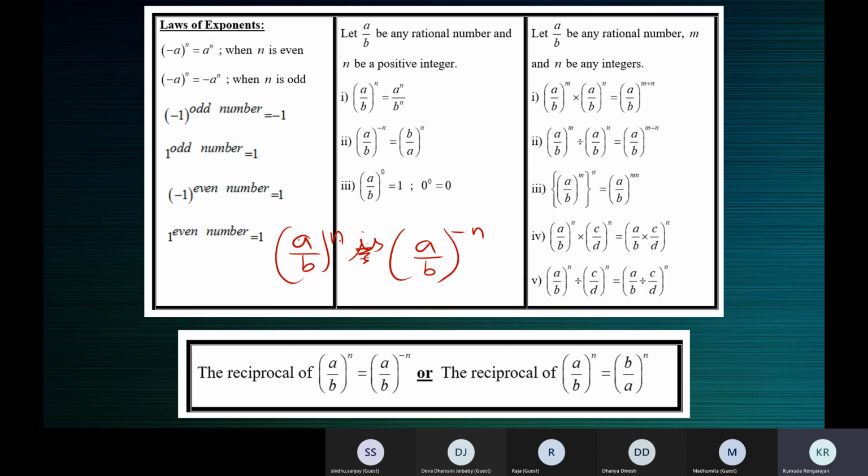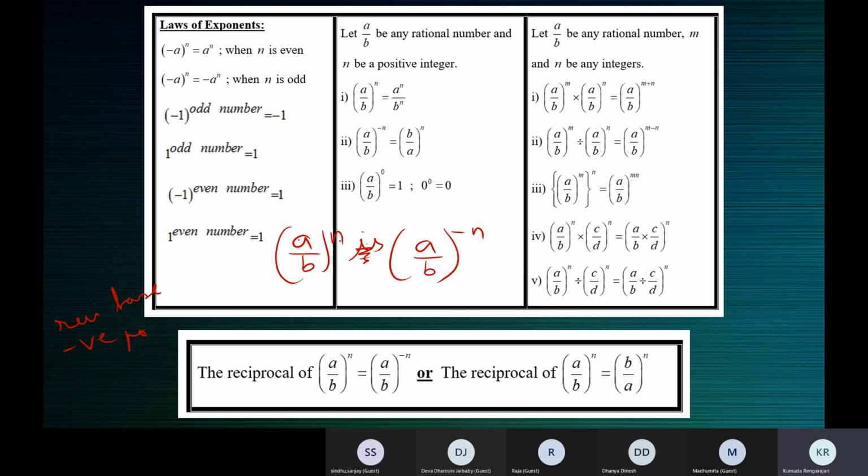Remember these two: reciprocal of the base, negative of the power. You just make a note in your book. Simply some keywords, not a complete sentence, just some highlights to remember the concept.